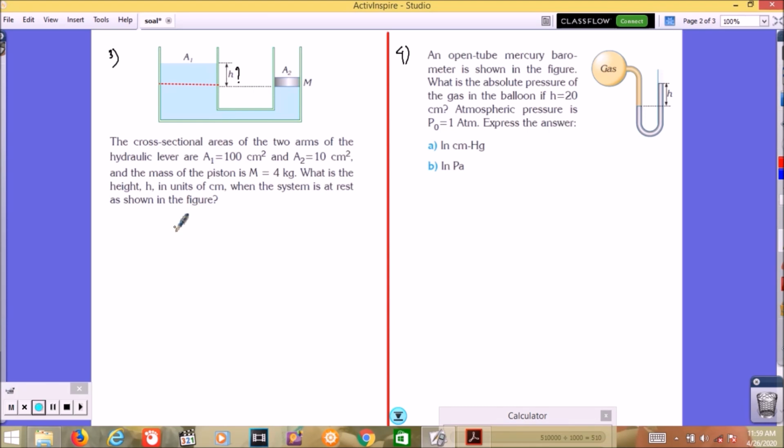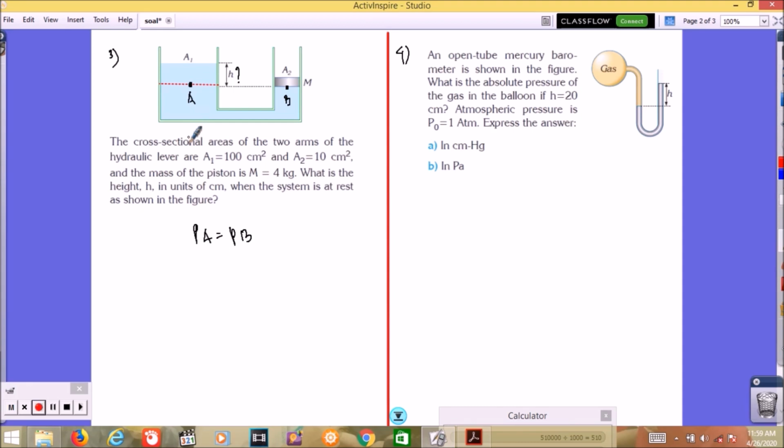Okay, first we take 2 points where the pressures are equal. I will use a dashed line here, point A, and at the same level here, point B, located in the same liquid. And then we know PA equals PB.